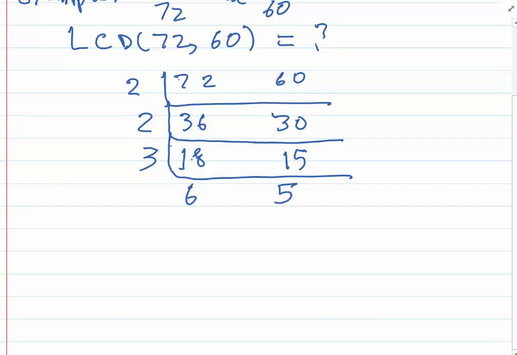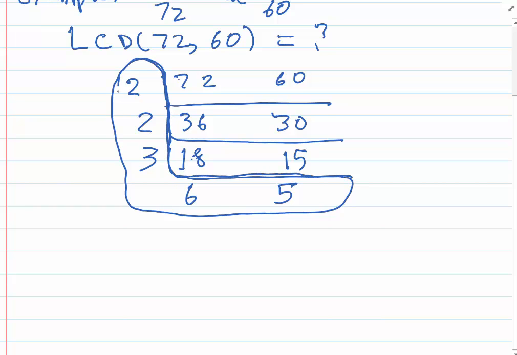I'm going to circle the numbers outside using the letter L. Watch. You see the letter L now? If you take the numbers inside the letter L and multiply them, you will get your LCD.